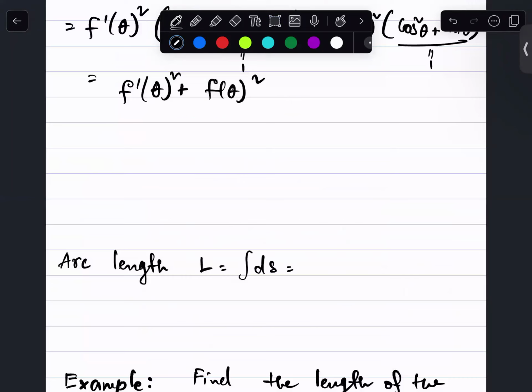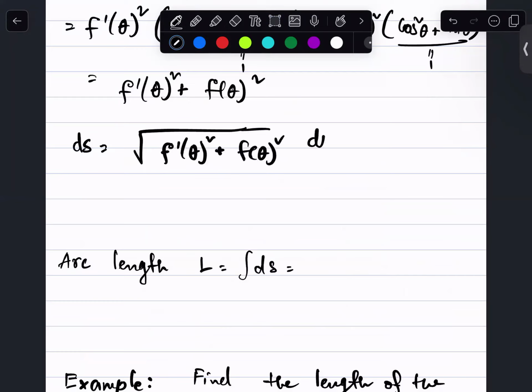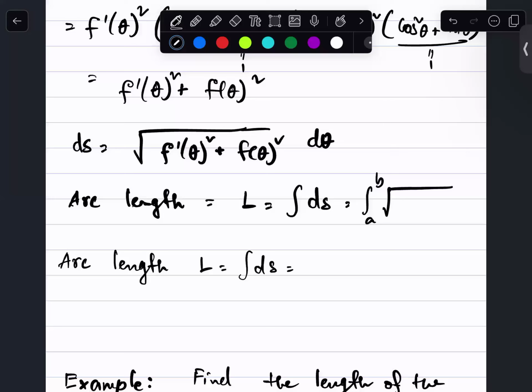But then the ds will be just the square root of f'(θ)² plus f(θ)², dθ. So the arc length expression for a polar curve will be the integral of ds, which is from a to b, square root of, so f(θ) is r, so I'll get r² plus f'(θ)².